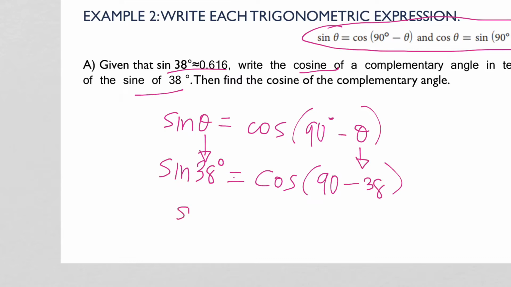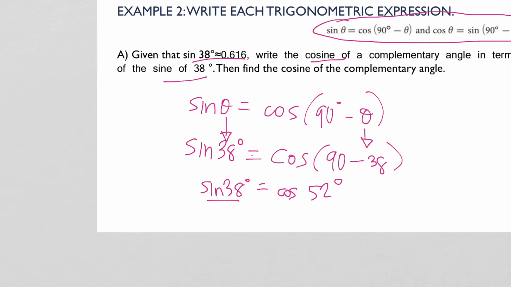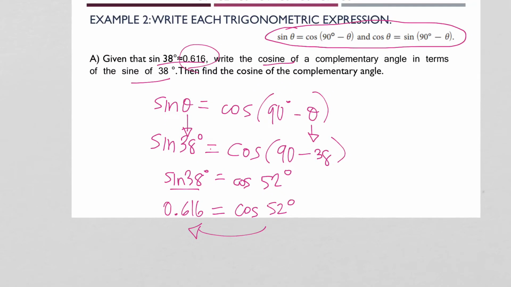Now we get sine of 38 degrees is equal to cosine of 90 minus 38, which is 52 degrees. So what does sine of 38 degrees equal? It equals 0.616. So that means that cosine of 52 degrees is approximately 0.616. Okay? That's how you do this one.